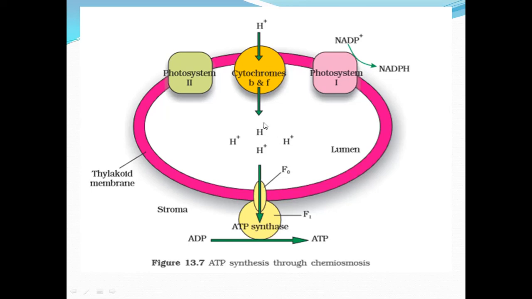As a result, the protons start diffusing from the lumen of the thylakoid into the stroma, through the enzyme ATP synthase. During this process, ATPs are synthesized from ADP, and these ATPs are utilized in the dark reaction of photosynthesis.